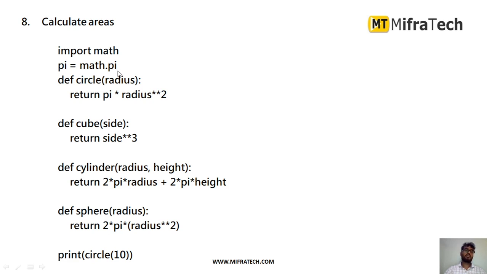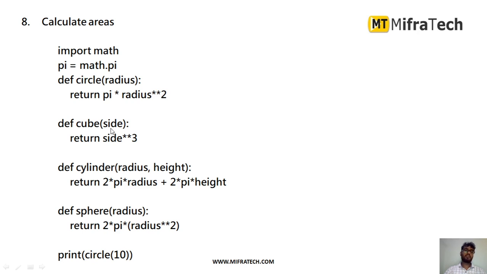After that I define a user defined function, def circle of radius. To find the area of a circle we need the radius, so that is taken as an input argument. The formula for the area of a circle is pi r square, so I am taking pi times radius squared.